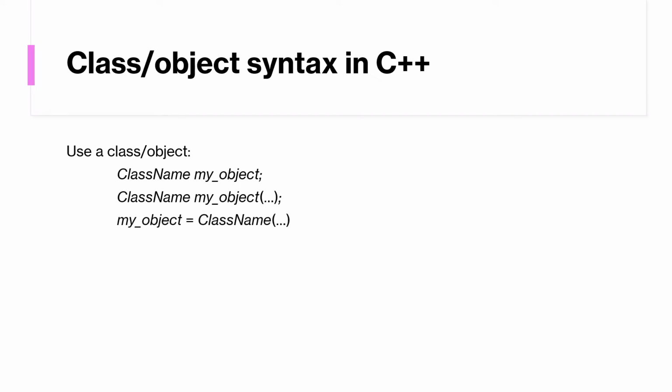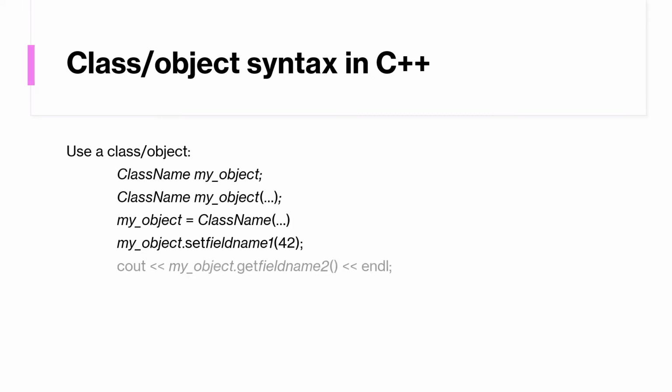You can also say myObject equals ClassName parens. You can call the constructor explicitly to construct a new object and put a copy of that in myObject. You can do myObject.setFieldName1. We don't usually put myObject.fieldName1 equals something because usually fieldName1 is private. But setFieldName1, that function would be public.